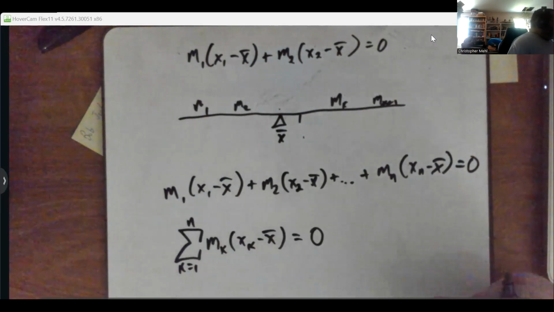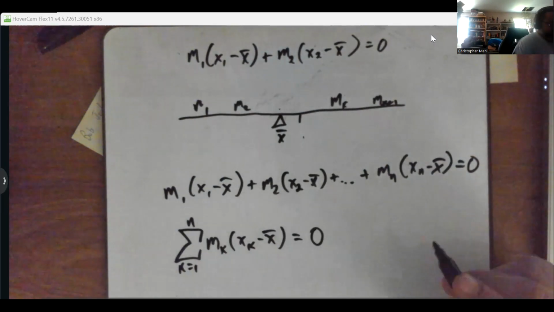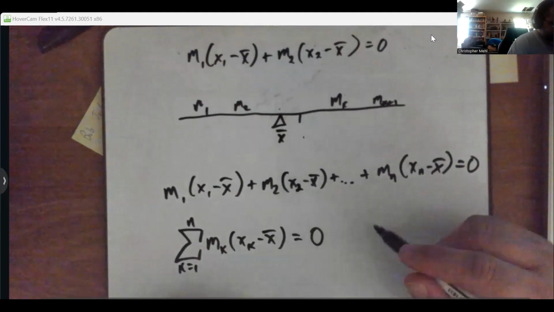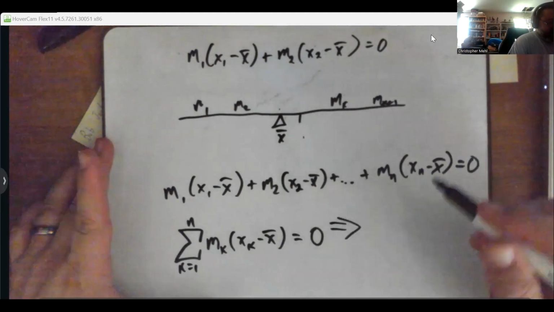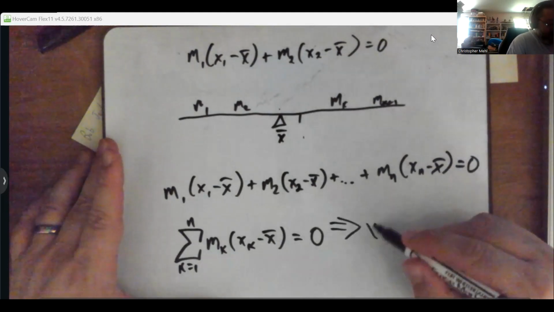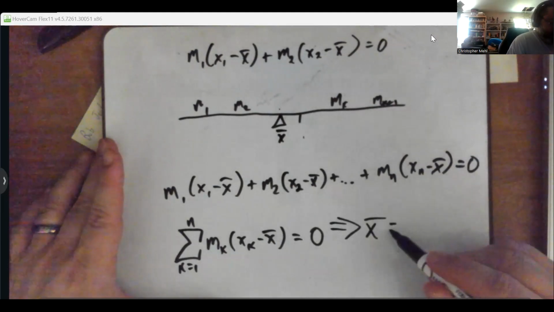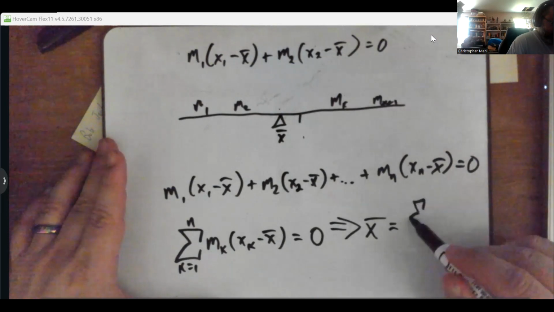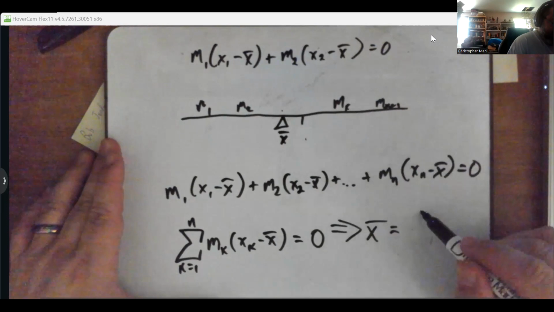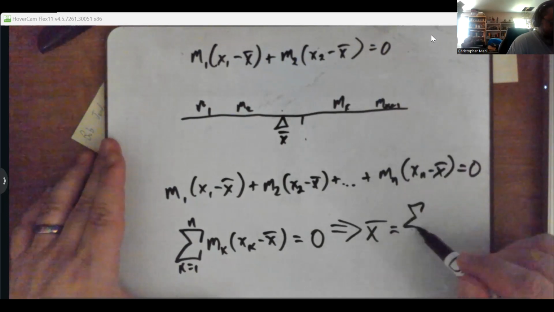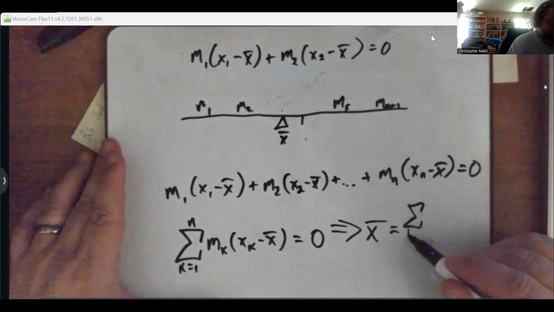Now this is a system of n equations and n unknowns, and we'll save the algebra and jump right to the solution here. And you'll notice it's analogous to the two object thing.